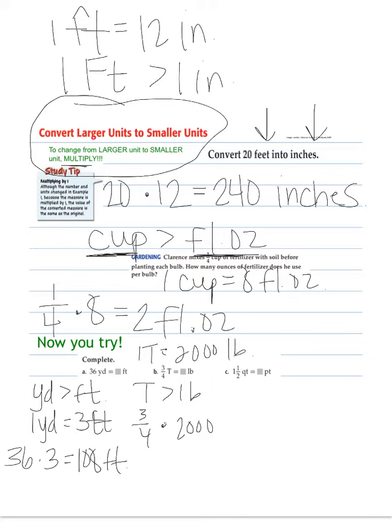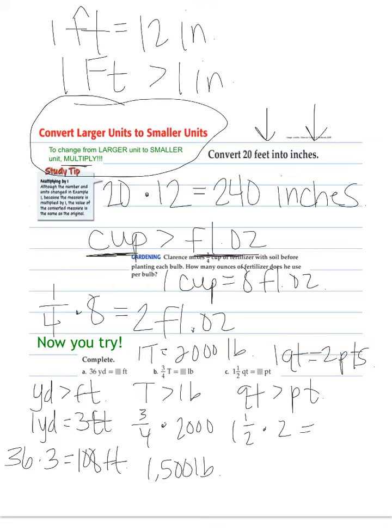So 3/4 times 2,000 is 1,500 pounds. I know that a quart is greater than a pint, so I take 1 1/2 times 2, because 1 quart equals 2 pints. So 1 1/2 times 2 equals 3 pints.